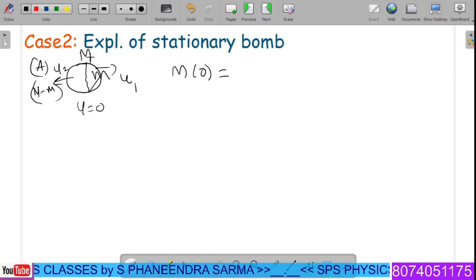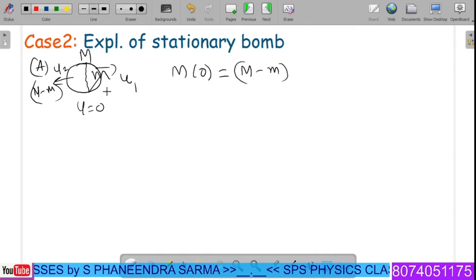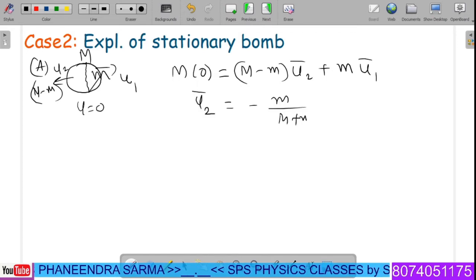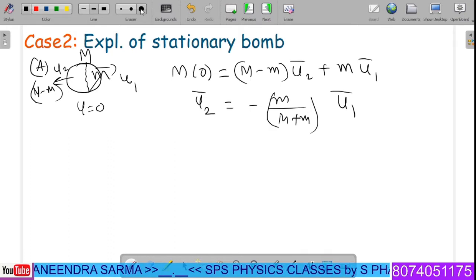The total mass M is initially at rest, 0, now divided into two parts: M minus m moving with u2 bar and m moving with u1 bar. Therefore, u2 bar is equal to minus m by M minus m into u1 bar. So here the minus sign will come.